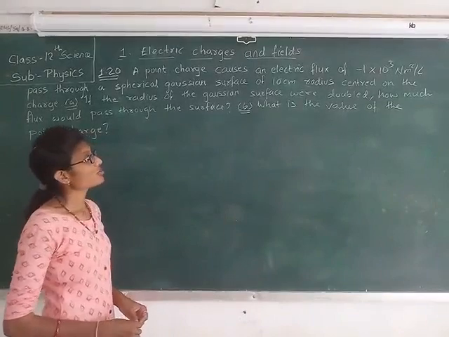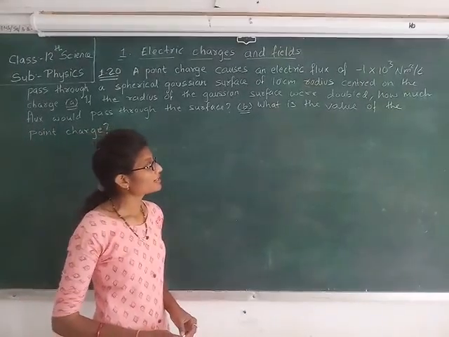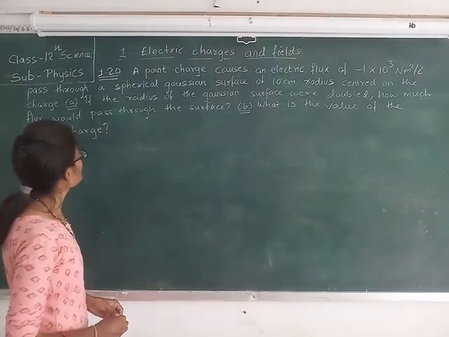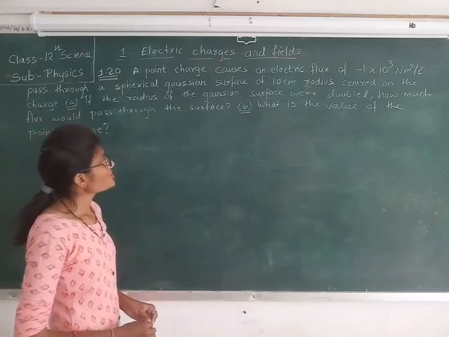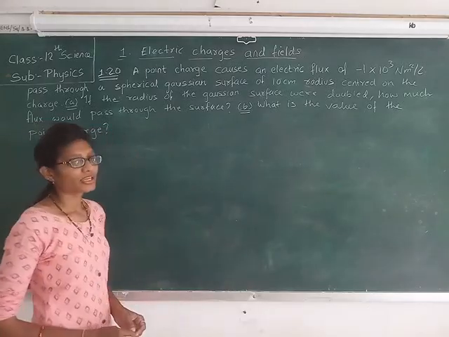A point charge causes an electric flux of -1 into 10 raised to 3 Newton meter square per coulomb to pass through a spherical Gaussian surface of 10 centimeter radius centered on the charge.